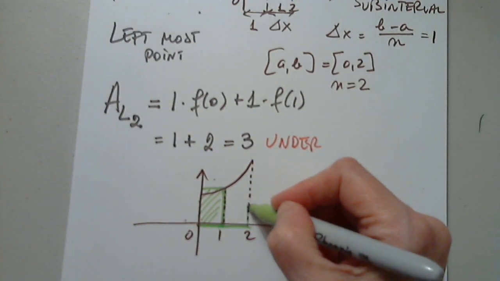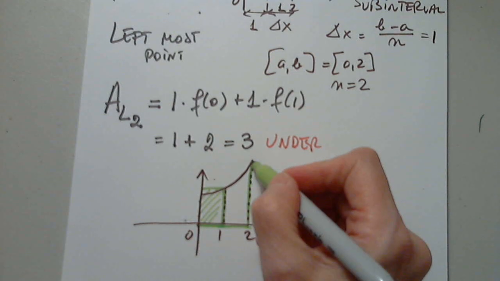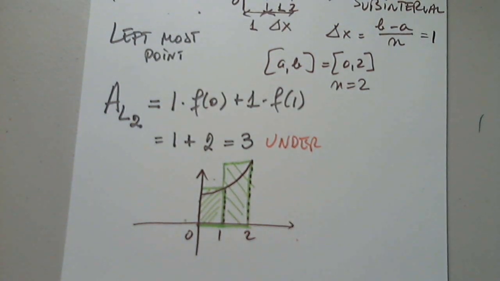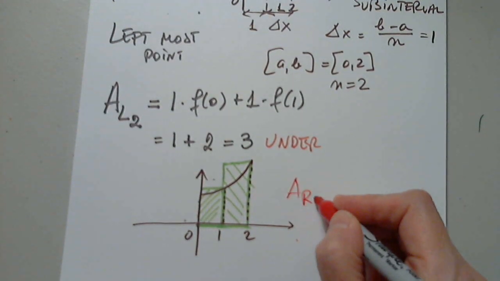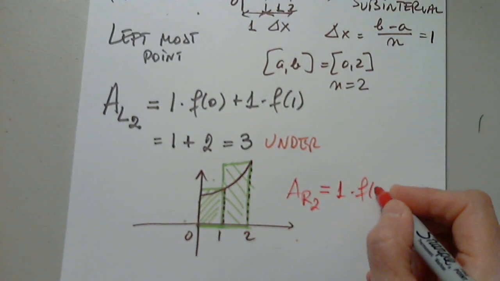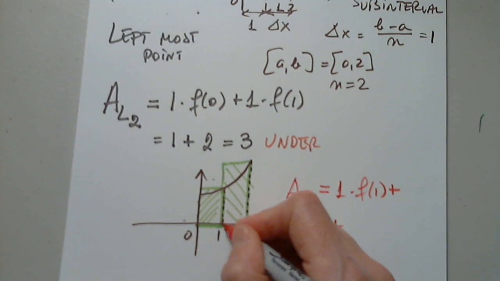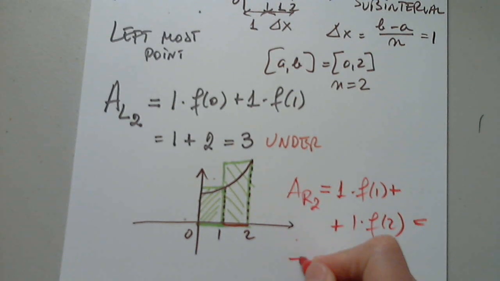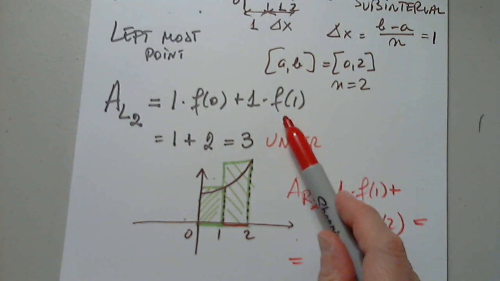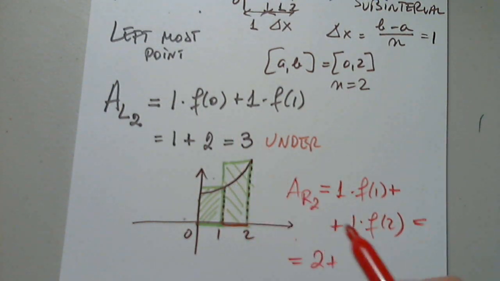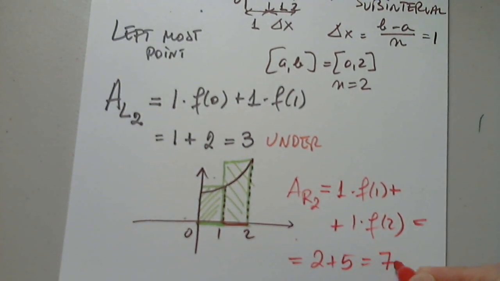Base times height, go across with a rectangle. So the area in this case with right 2 is base times height, 1 times f of 1 plus 1 times f of 2. F of 1 I already know is 2, and this is times 1, and f of 2 is 4 plus 1 is 5. So the answer is 7.